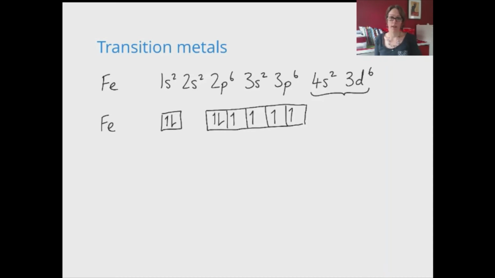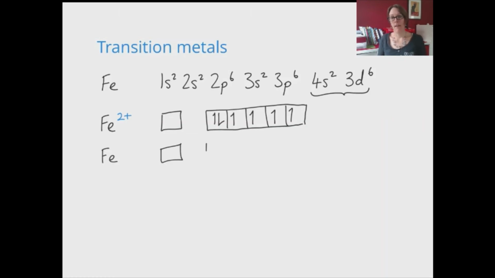And we know that iron can form a 2+ charge, as can the majority of transition metals, and it forms a stable 2+ ion by losing the 4s electrons. So remember, we fill the 4s first, we take away from the 4s first as well.